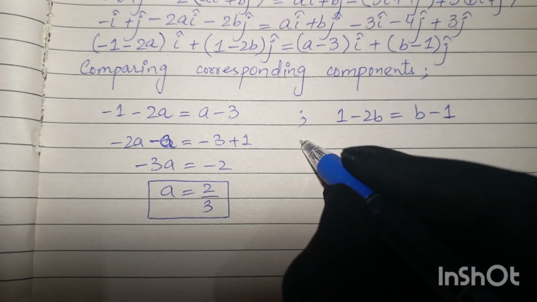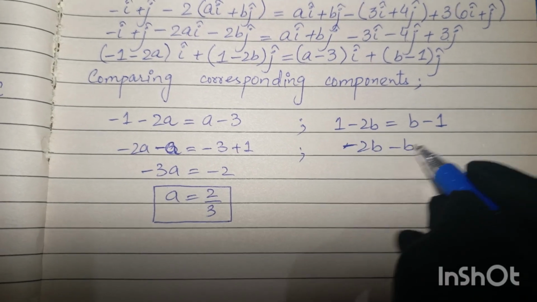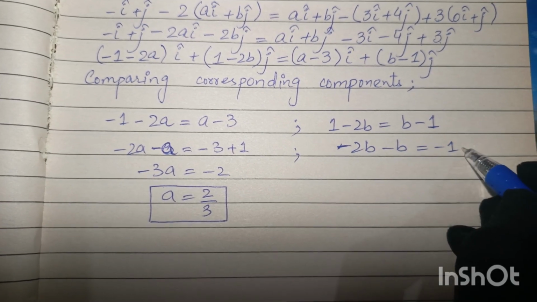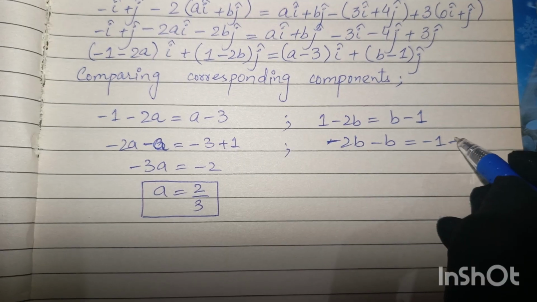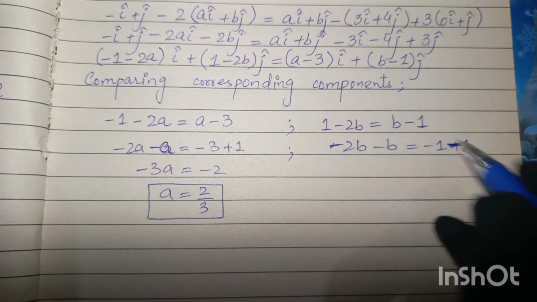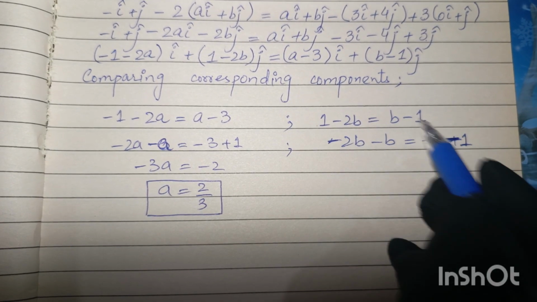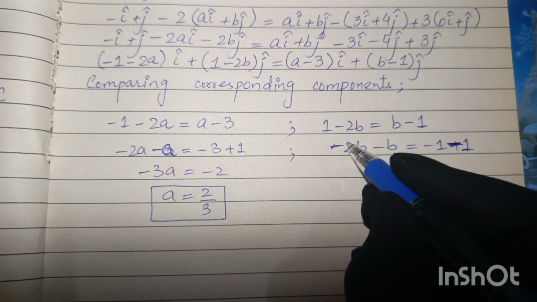Similarly, from the second equation, minus 2b minus b is equal to minus 1 and plus 1, sorry, minus 1 again. This plus 1 will become minus 1 after shifting this side.